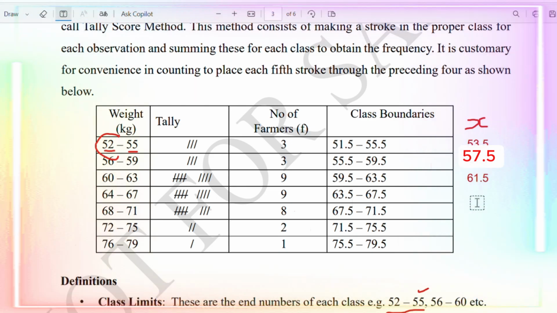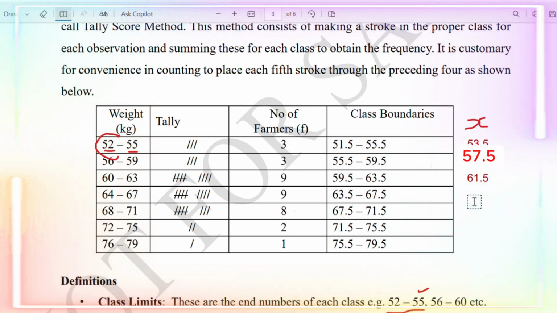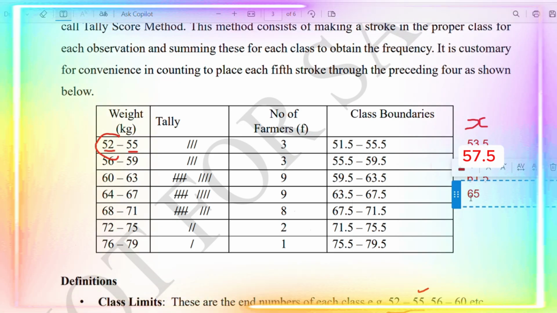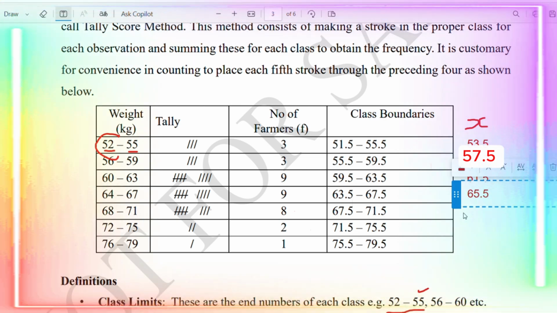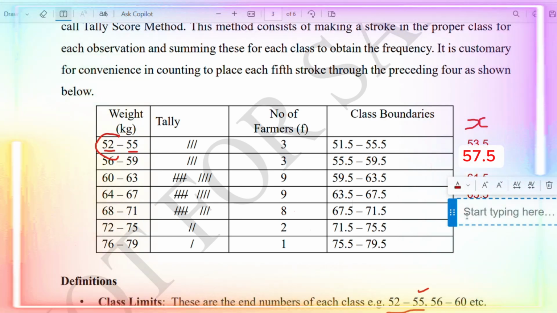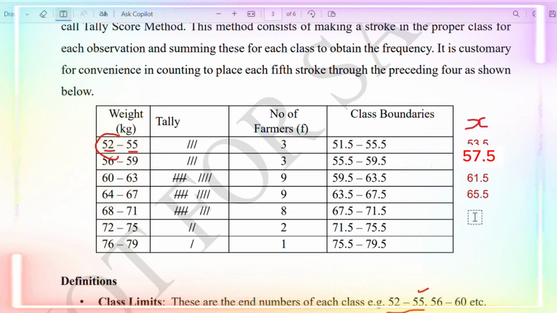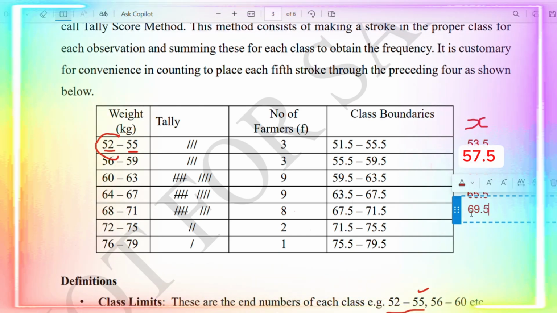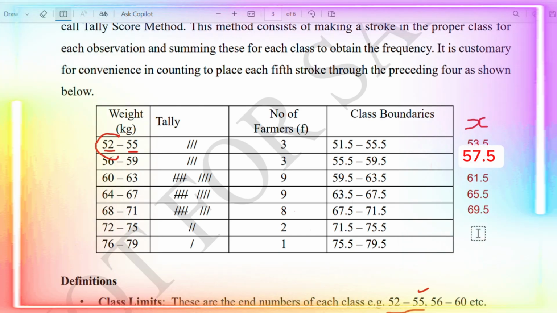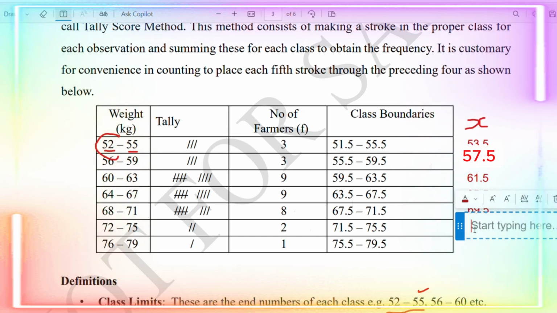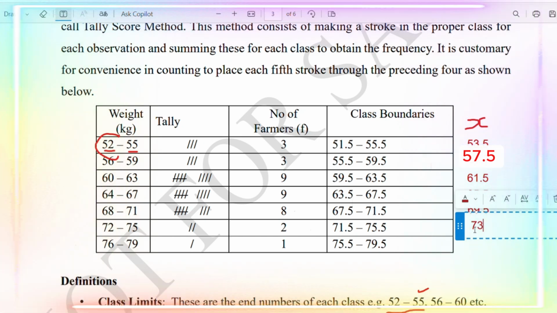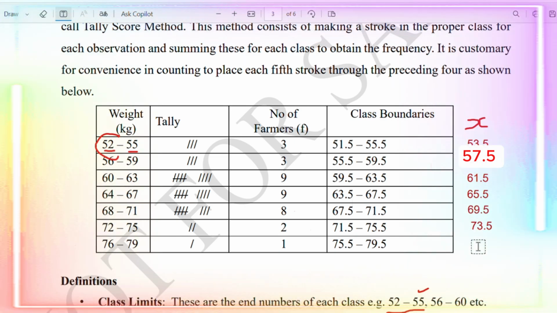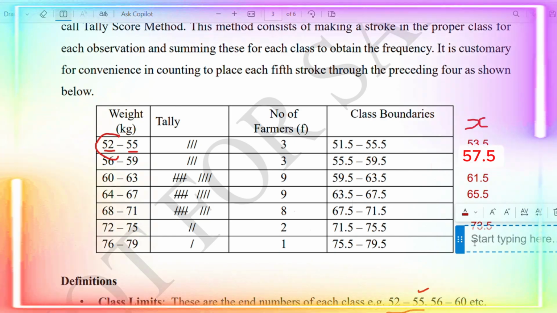If you continue, the next class will be 61.5 plus 4, that's 65.5. Then 65.5 plus 4 will be 69.5. Then plus 4 again will be 73.5.